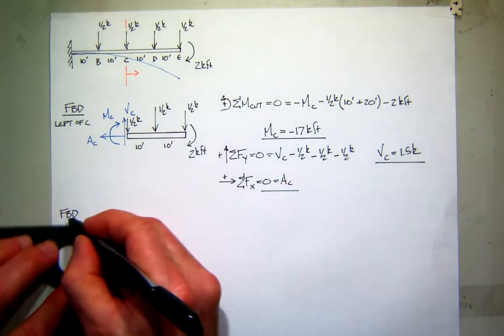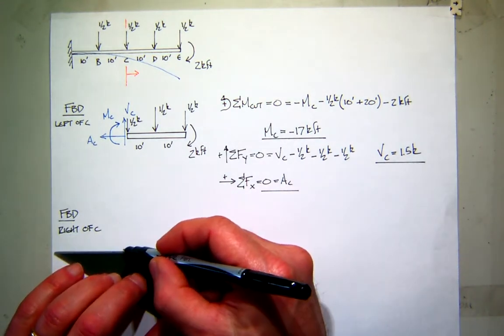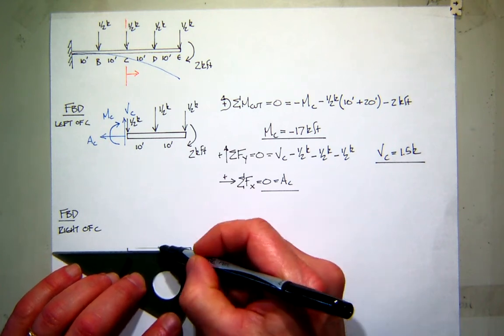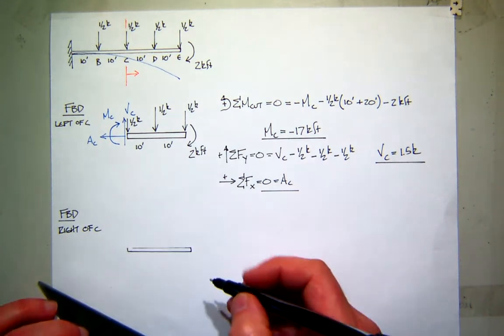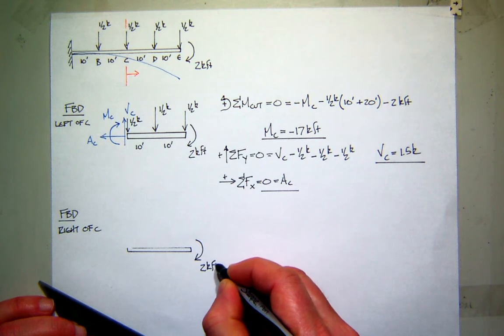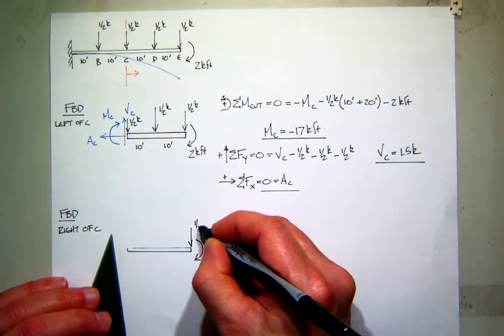of C. So what changes? Well, the geometry is unchanged. I still have my load out here of 2 kips per foot. I have the load at E, half kip.